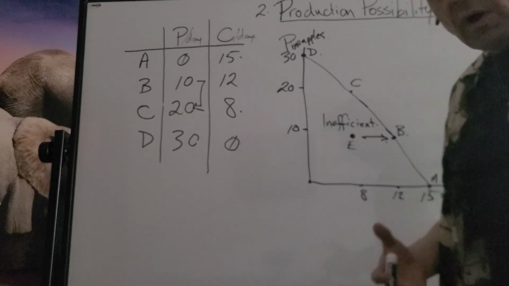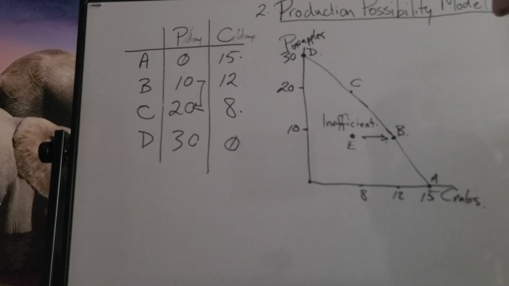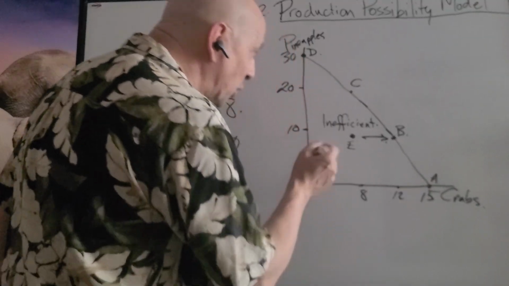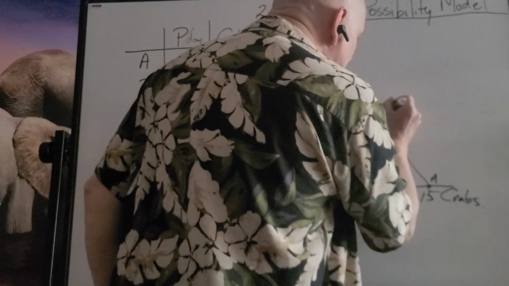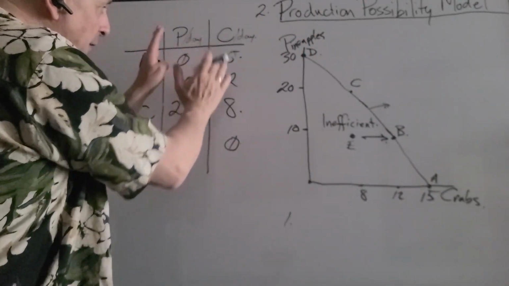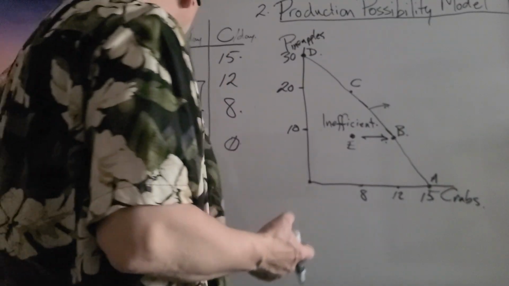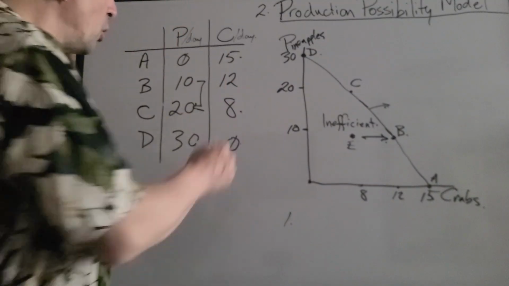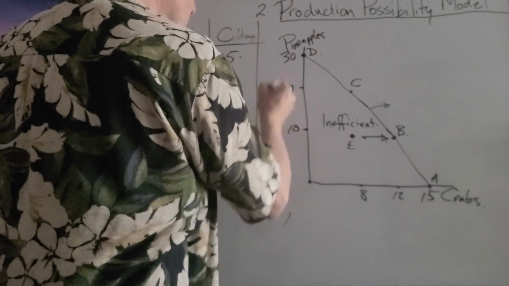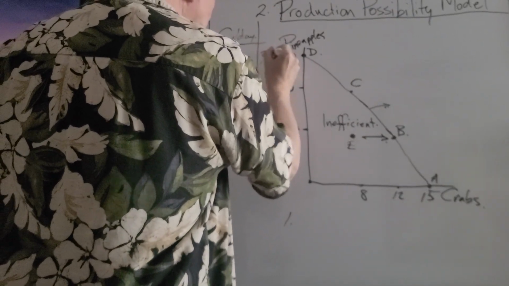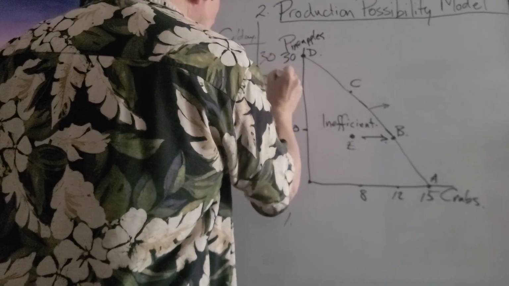Or I find more resources. So there are a couple of things that could happen in order to make this move outwards. All of these points would change, right? So let's say, because of those new nets, all of a sudden I can get twice as many at each level.